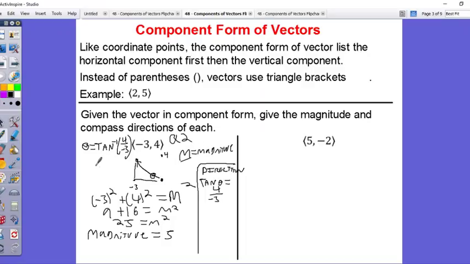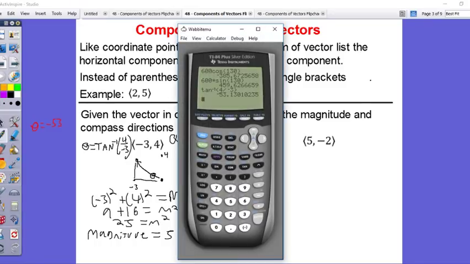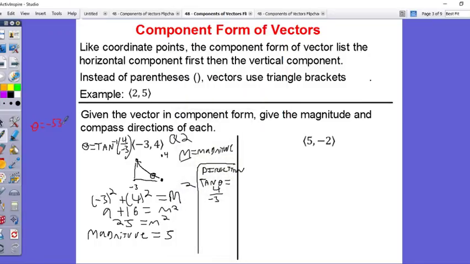So for our quadrant 2 angle, theta is equal to -53.13 in the calculator.